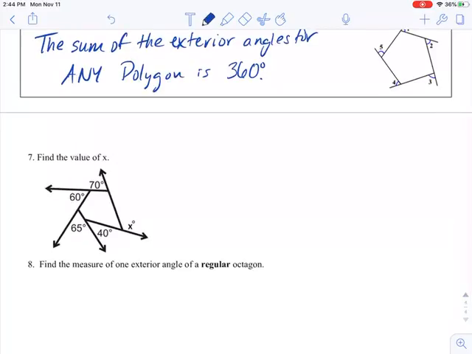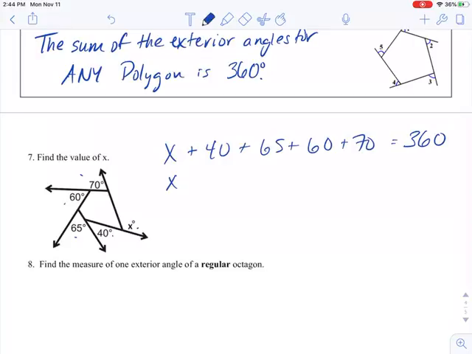So we're going to use that information to solve some problems. Here I've got a figure with 4 of the 5 exterior angles labeled. And basically what I know is that if I take x plus 40 plus 65 plus 60 plus 70, it must equal 360. So I've just added each of these in order.